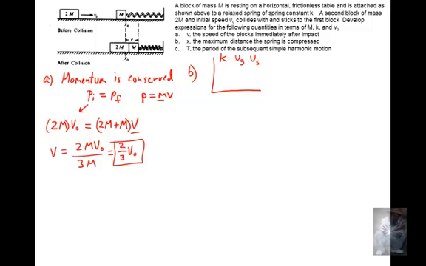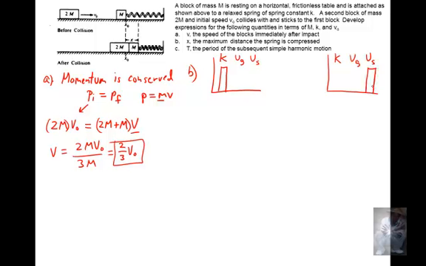And because all of the energy right after they collide is kinetic energy, we know that we've got kinetic energy at the beginning. And at the end, we've got all elastic energy.